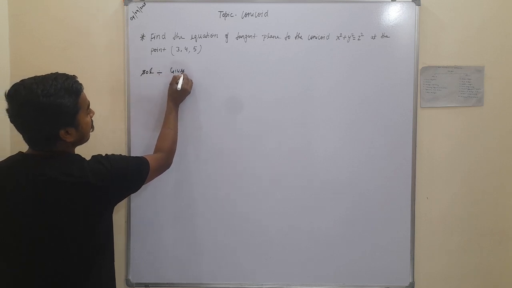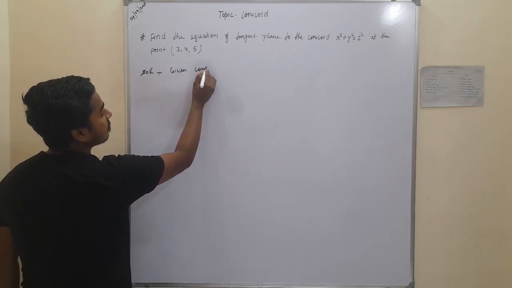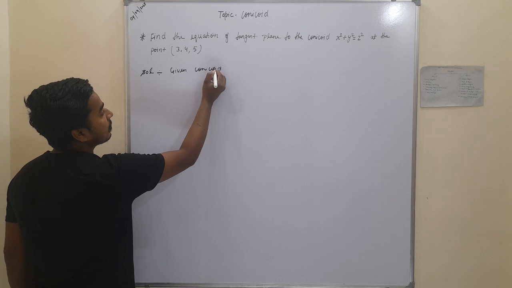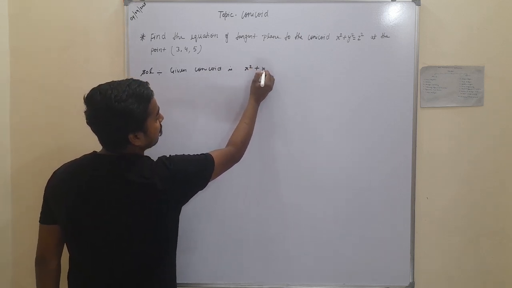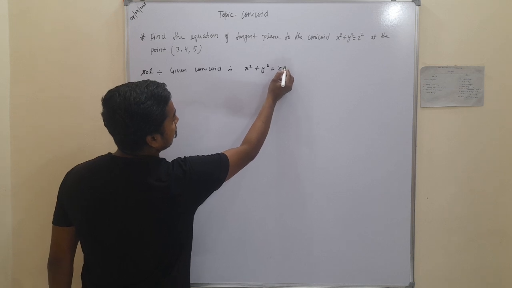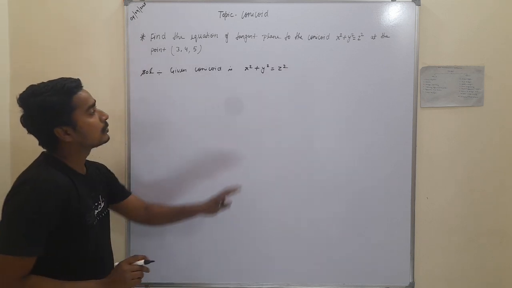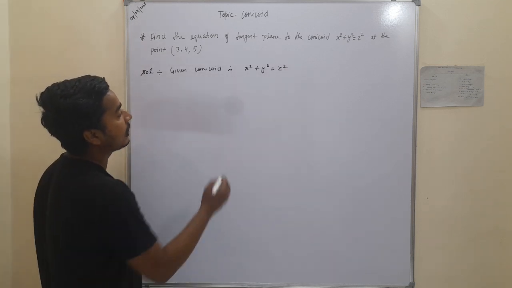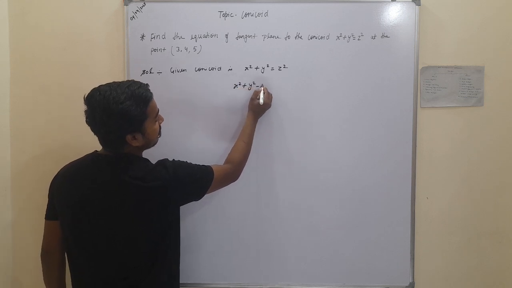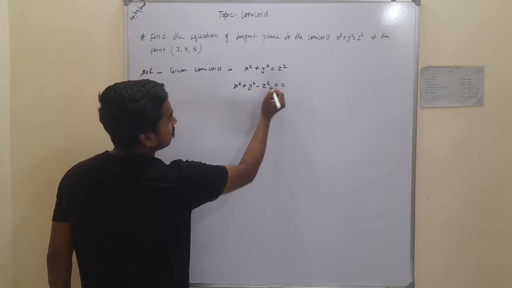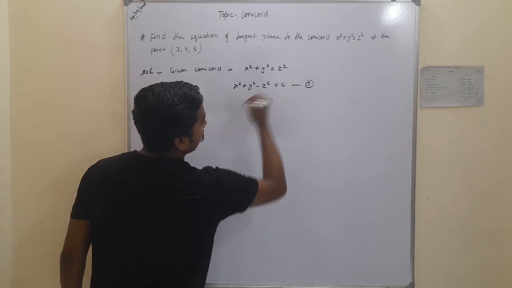The given conicoid is x square plus y square is equal to z square. We can also write the given equation of the conicoid in the form x square plus y square minus z square is equal to 0. Let this be equation 1.